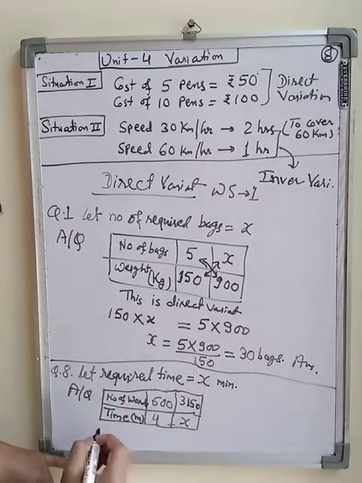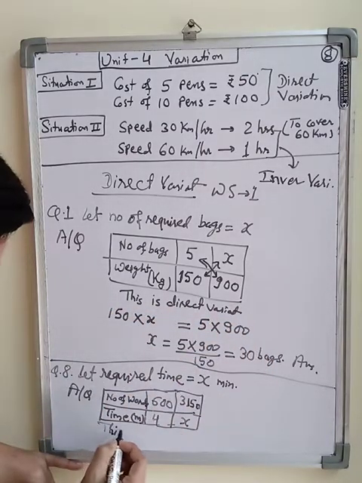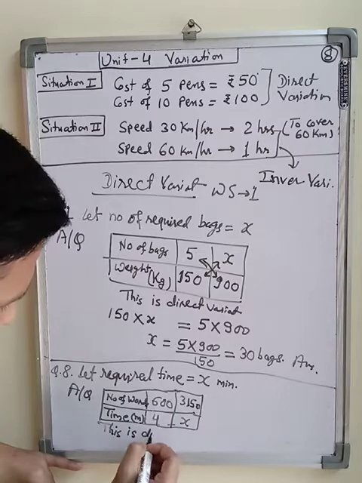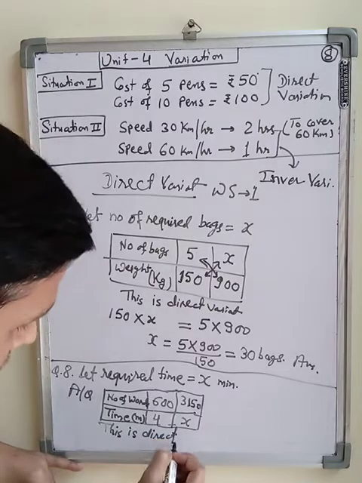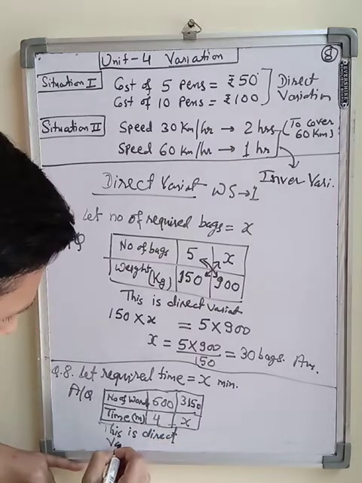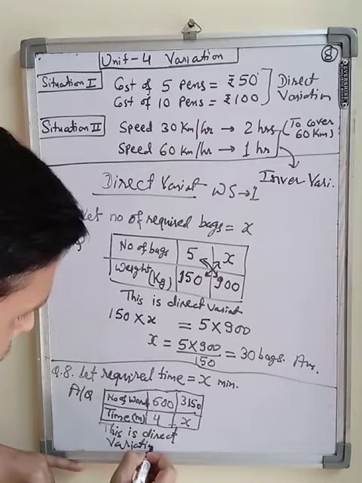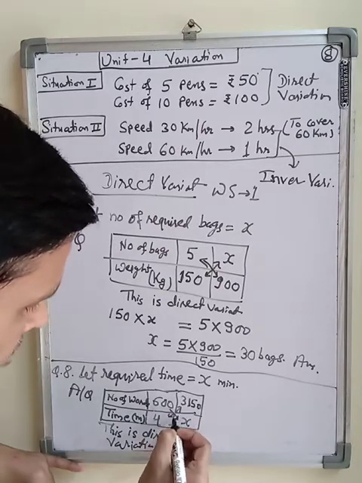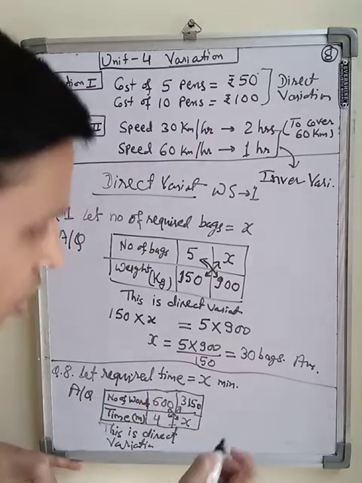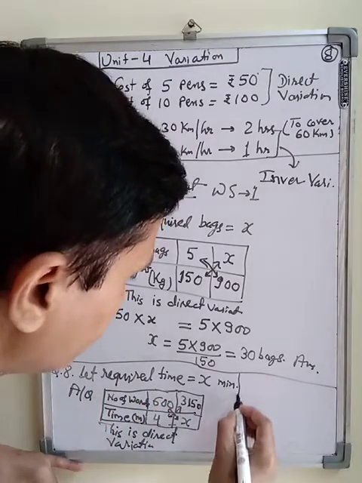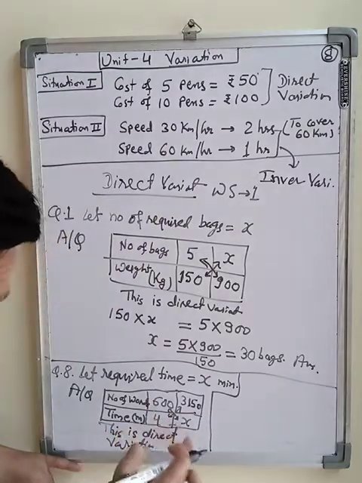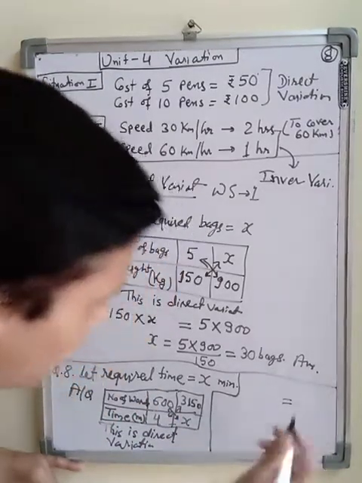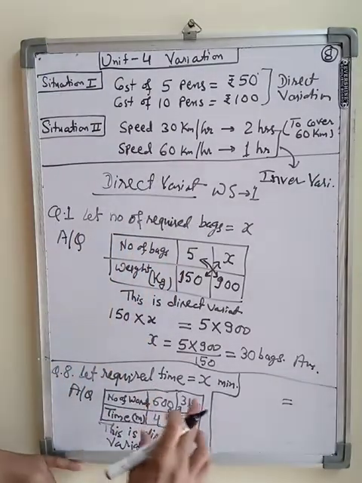This is direct variation, again we will write this is direct variation; this is necessary to write. After that by cross multiplication we will multiply these both. We write the x term first, then the equal sign, and one side this multiplication and one side that.